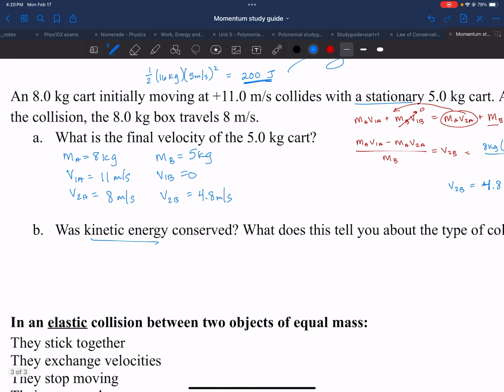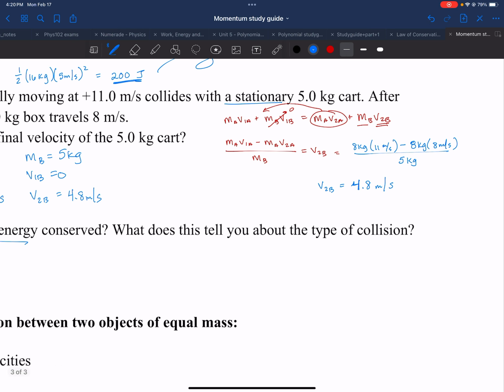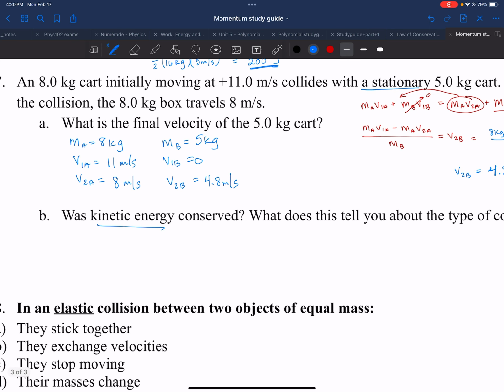All right. Was kinetic energy conserved, and what does this tell you about the type of collision? Okay. So I'm going to put a line here to kind of separate before and after. So KEA1 plus KEB1 is going to be KEA2 plus KEB2. KEB1 is 0 because my velocity is 0.